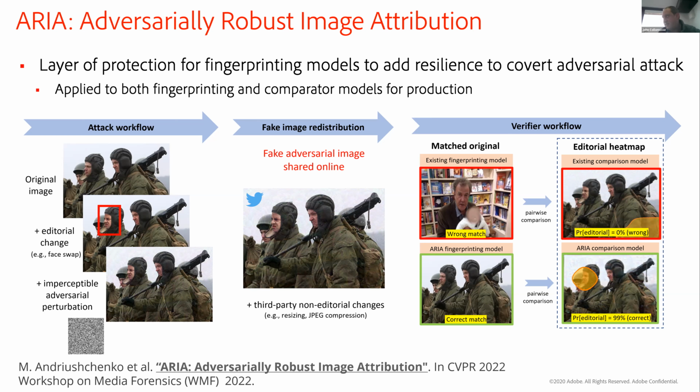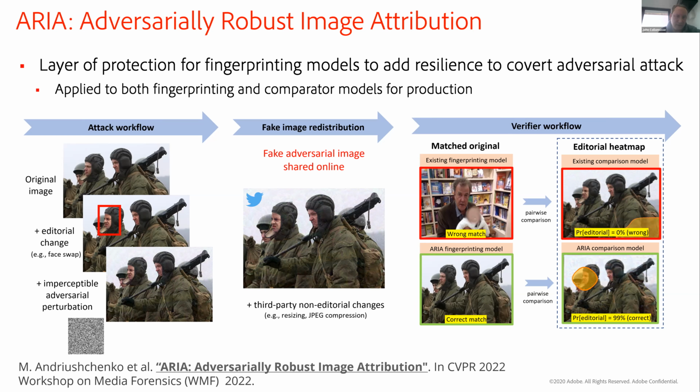Now, it turns out that last year, it was shown that this kind of manipulation can also affect reverse image search and hashing algorithms from neural networks. And so we've just had a paper accepted into this year's workshop on media forensics at CVPR 2022, presenting a technique for training these hashing networks, such as our hashing networks, to be resistant to this kind of adversarial attack.